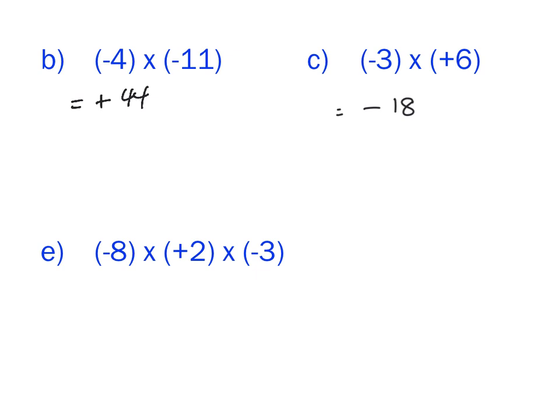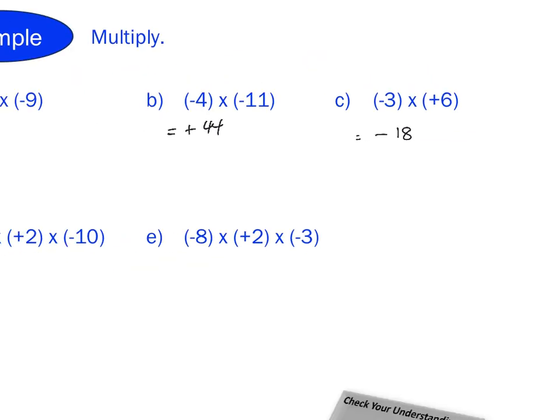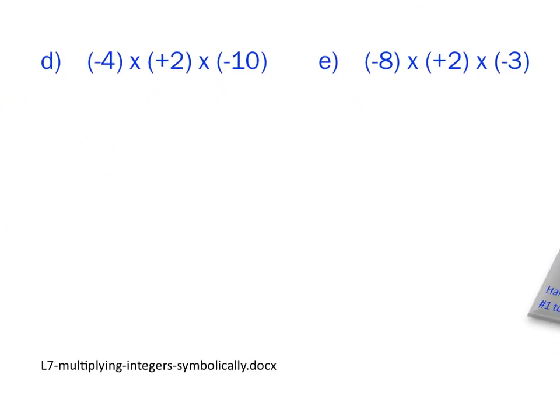Now we're going to go on to the questions that have 3 numbers that we're multiplying together. And again, we should show our work. How do we show our work? Well, we'll just deal with 2 of these at a time. Here is the thing about multiplying.